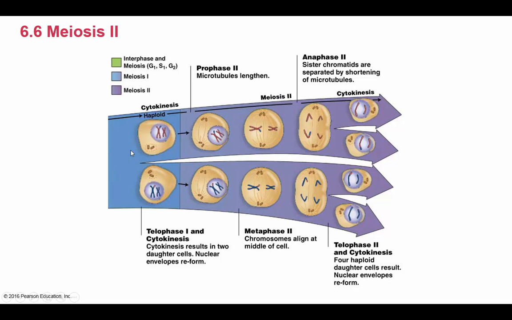So you see here is prophase 2, metaphase 2, anaphase 2, and then telophase and cytokinesis 2 splits into 4 cells, and when you look at those chromatids on the inside, you'll notice that they're half what they started out with, so that's haploid, and that they're all genetically different than the rest.